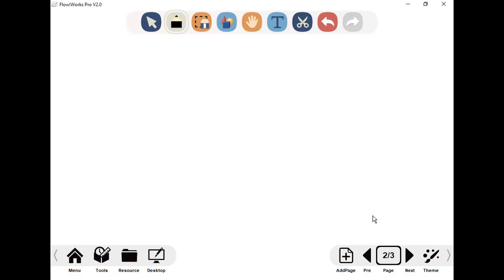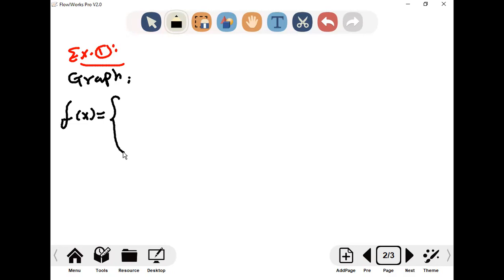I'm in example 1 now, page 259. Graph the function f of x equals two pieces: 2x plus 4 if x is less than or equal to 1, and negative x plus 3 if x is more than 1.